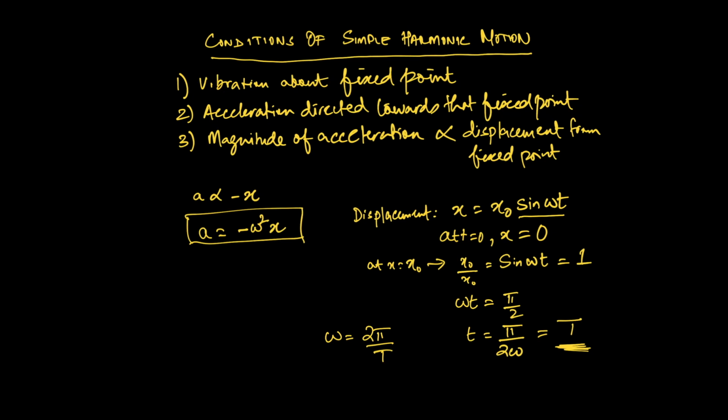So that's a really elegant way of showing when you reach x naught. You reach x naught at time equals capital T. Or perhaps a more accurate way of saying this is that your time period T is the amount of time that needs to elapse before you reach maximum displacement.